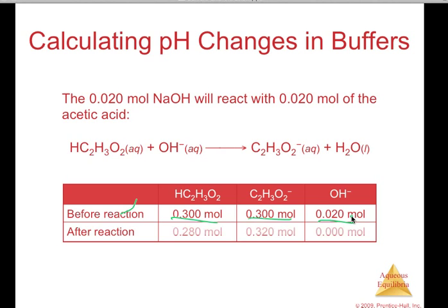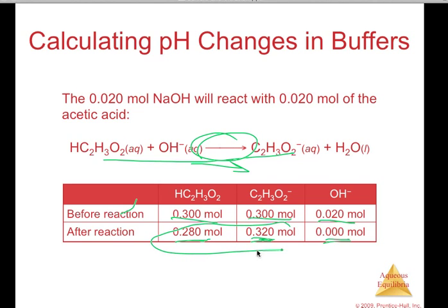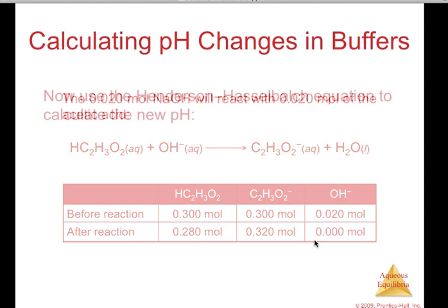After the reaction occurs, all of my hydroxide is gone. It reacted with the acetic acid, so this lost 0.02 moles, and I gained 0.02 moles of the anion, because this is the neutralization reaction that we assume goes to completion. Notice the one-way arrow. These are the starting points then for our equilibrium calculations.